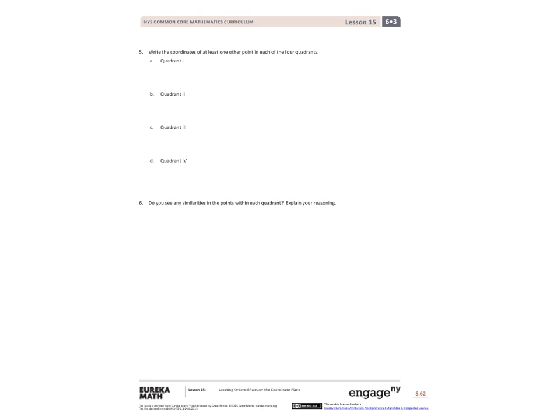So in quadrant 1, they're both going to be positive. So I could have a 2, 3. If I sketch this out, so I'm over here. Quadrant 2, I'm going to go negative 2 and positive 3.